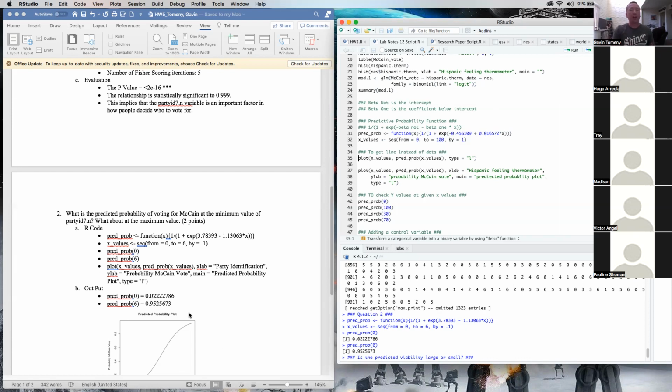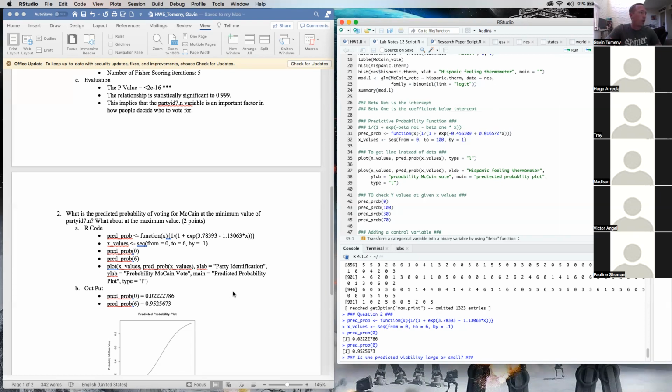Whereas someone who is on the opposite end of the spectrum is labeled as a 6, being super right-wing conservative, diehard Republican, there is a 95.2% chance they're going to vote for McCain, just based off of which party they identify as. Any questions on that?